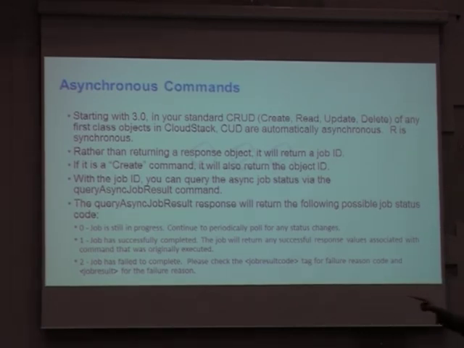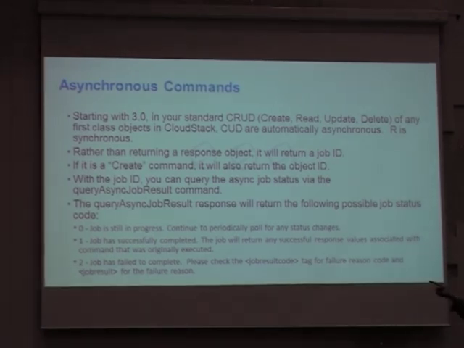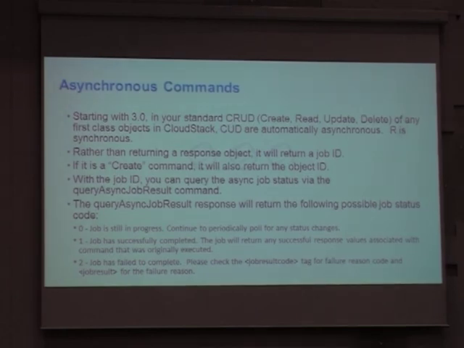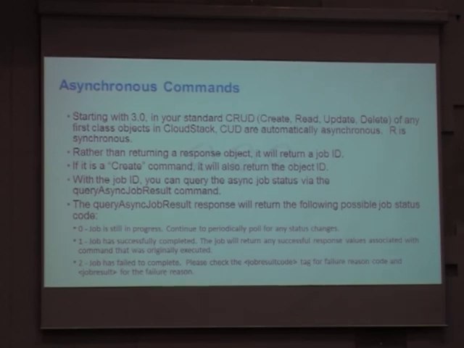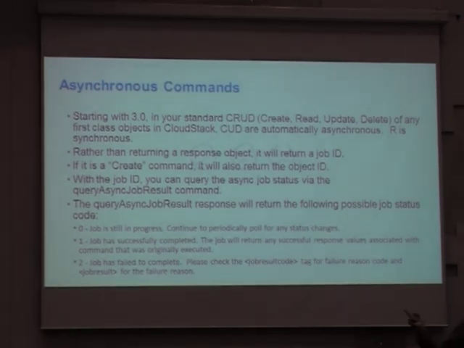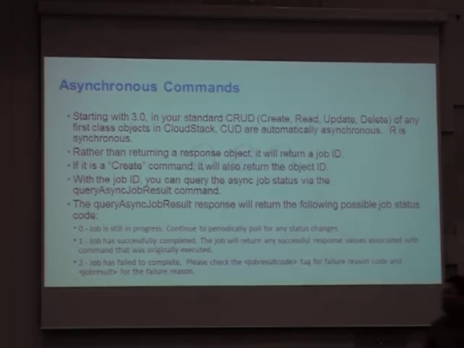You can get 1 back, which means the job has successfully completed, and it will return the JSON or XML response of the job itself. And if you get 2 back, it means it failed, and it will typically give you a result or reason why that asynchronous command has failed. I believe in 3.0, you can continue to poll for the response up to a certain time limit, and I believe that time limit is configurable.